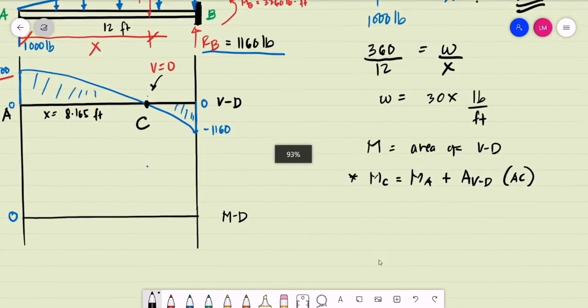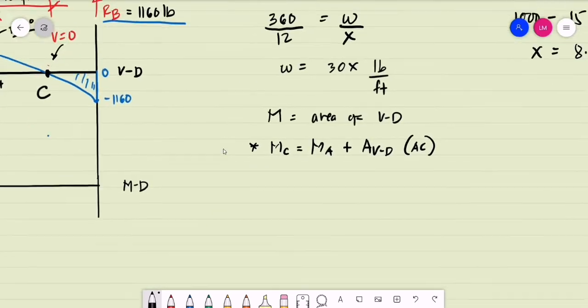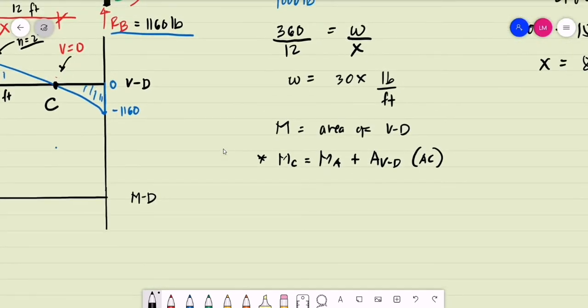So what shape is this one? This is a second degree curve, and it is a parabola. We have n equal to 2, since our load diagram is first degree. How do we compute for the area of a parabola? The area of a parabola is equal to 2 over 3 of the base times the height. Computing now for the moment at C, our moment at A is equal to 0.